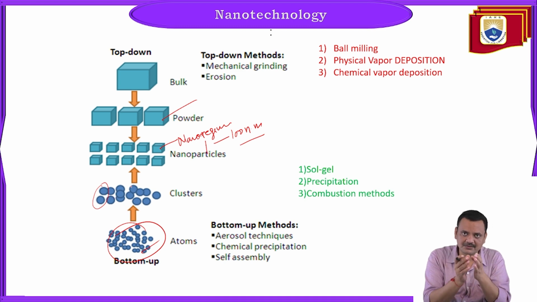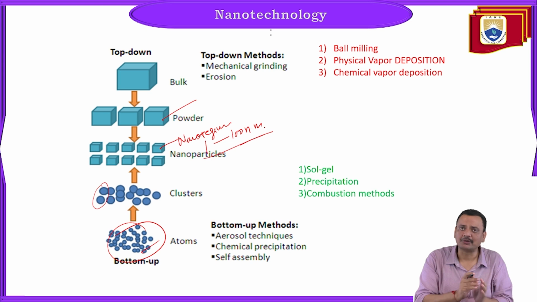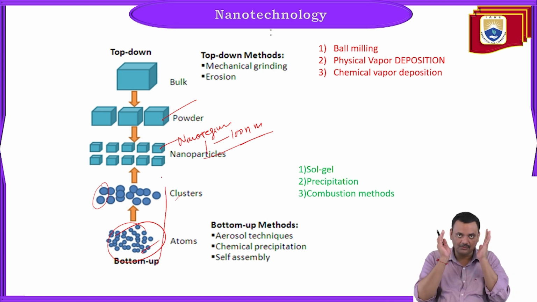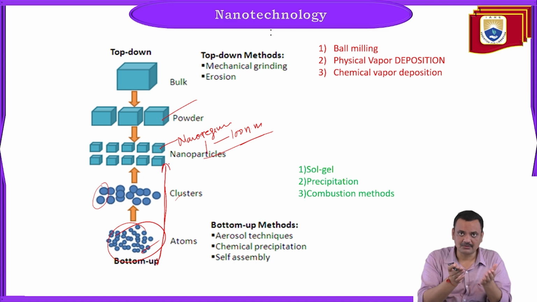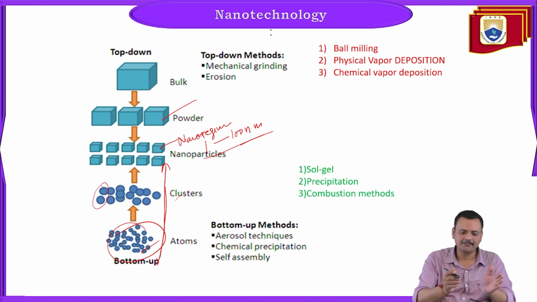These clusters will further join with each other and come into the nano region. So this approach, where your initial point is atoms or molecules and with that you reach the nano region, is known as the bottom up approach for getting nanoparticles or nanostructures.